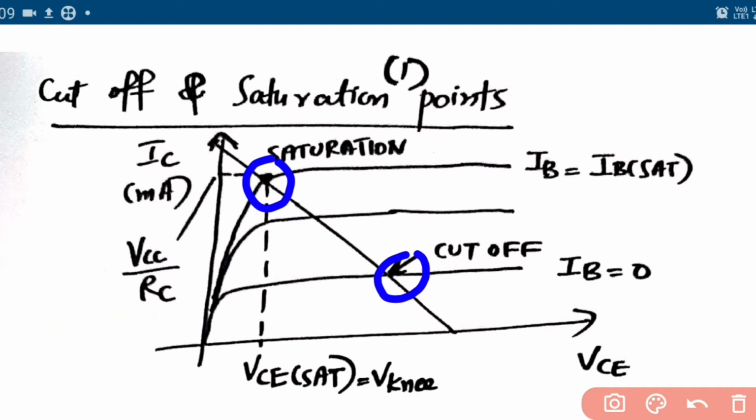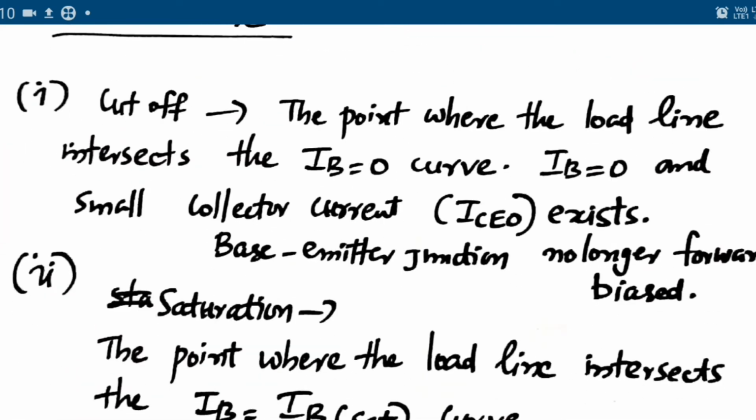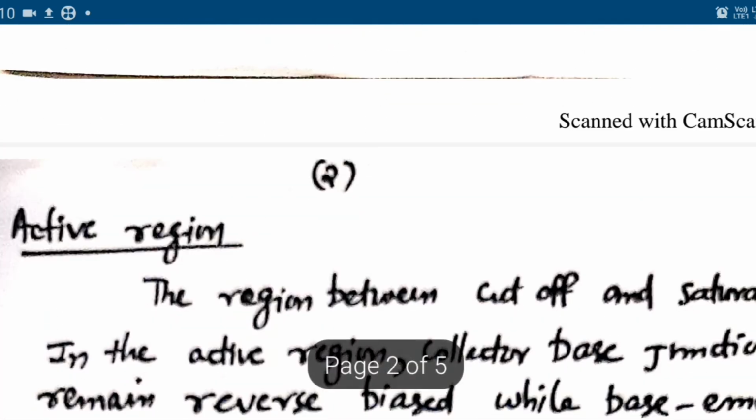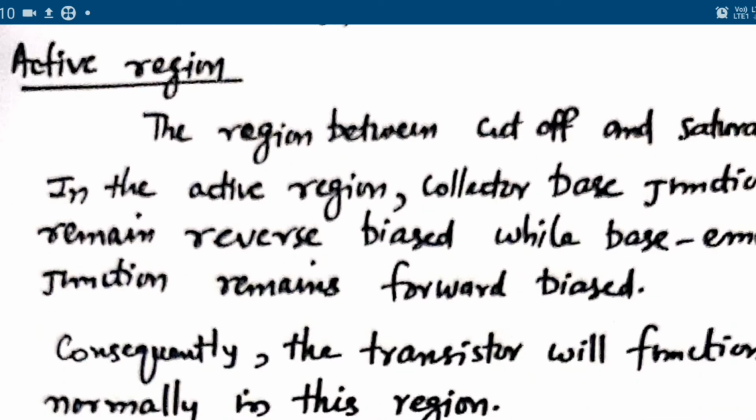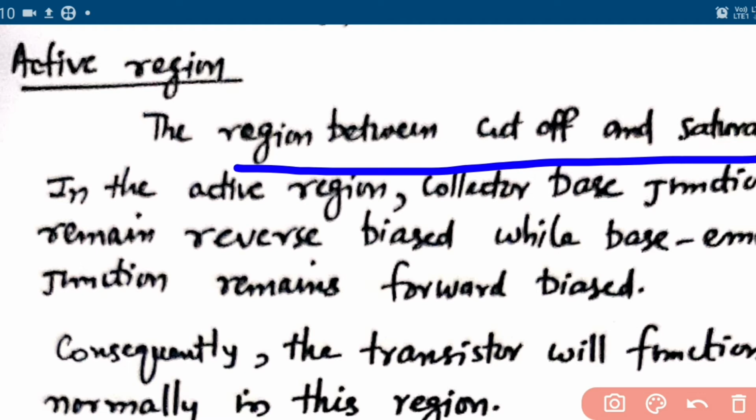In between these 2 points, the saturation point and cutoff point, the junctions are properly biased. That is, the base emitter junction is forward biased and the collector base junction is reverse biased. Okay, so the transistor actually has to operate in the region between cutoff and saturation point.